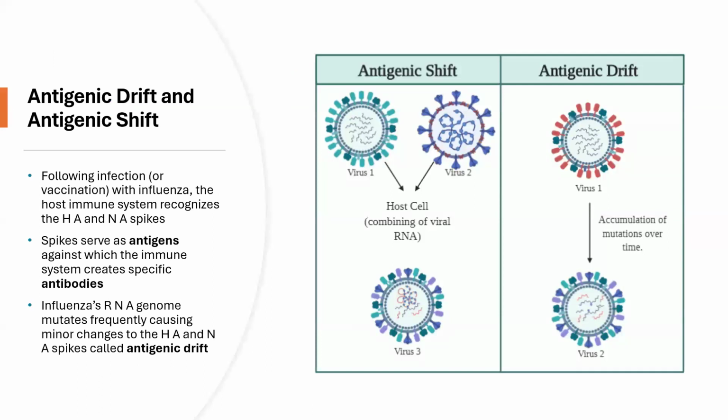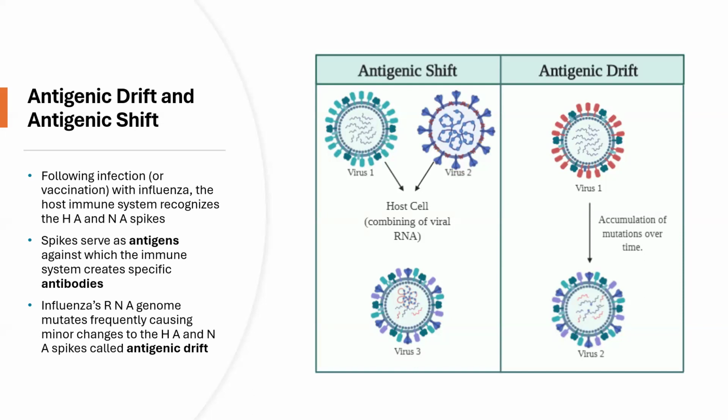So that brings us to the ideas of antigenic drift and antigenic shift. This is really important when we think about flu, which has the HA, or hemagglutinin, and NA, neuraminidase, spikes. These spikes are antigens against which the immune system can create antibodies. So these are the things that the immune system attacks.